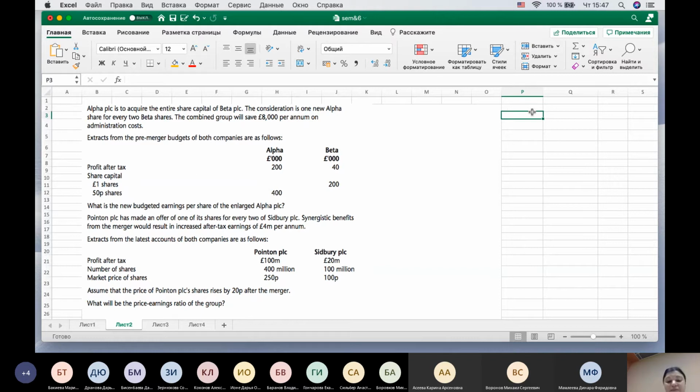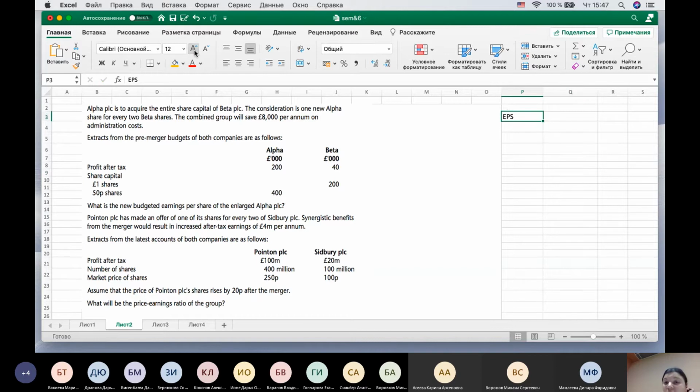In other words, we have to find our earnings per share, our EPS coefficient. First of all, we have to find our earnings.